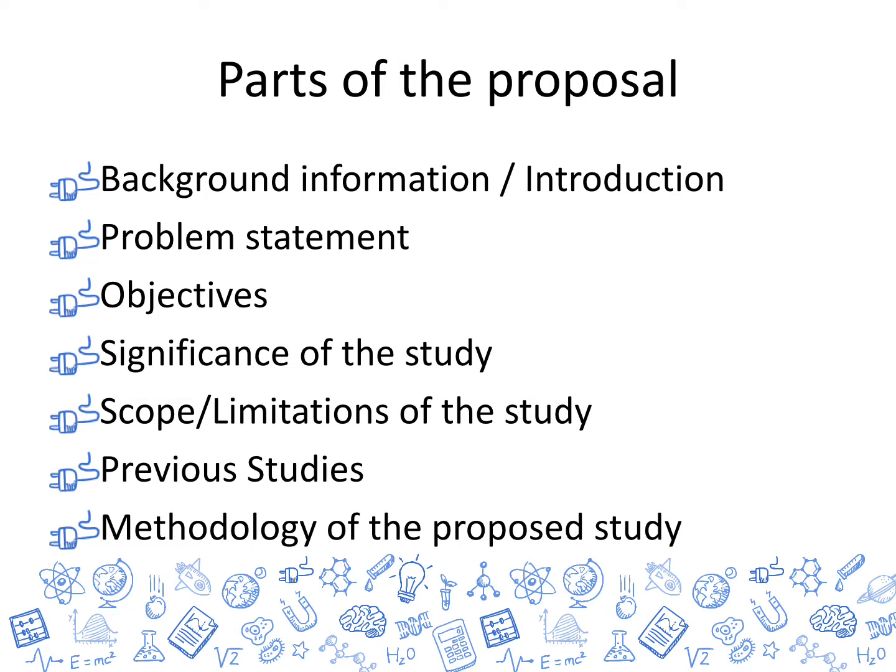After that, you write the problem statement, which is the next part in the proposal. In this section, you address the issue. So, language proficiency of UITM students. What's the problem here? You can write something like, many students think that English language skills are their biggest weakness.